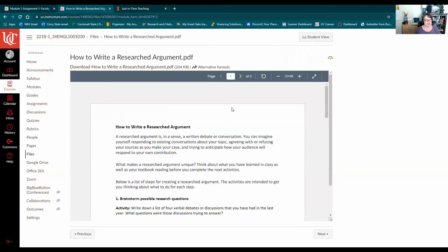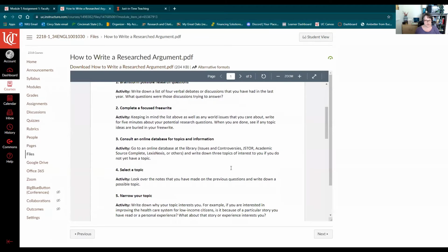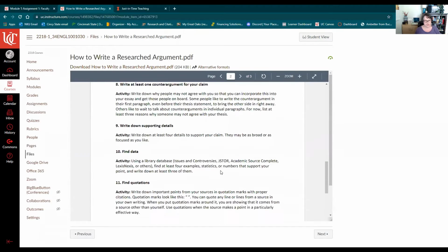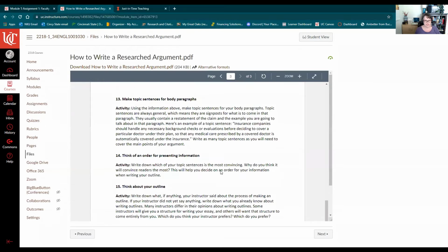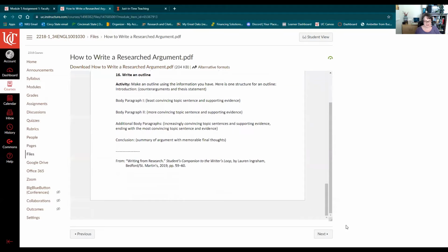So here is that handout, How to Write a Researched Argument. You don't have to do the activities, but if it's something that you want to do to get the creative juices flowing, by all means, go ahead. But at least read about the various things that you need to do that are involved in writing a researched argument.